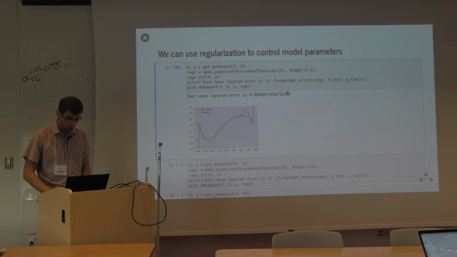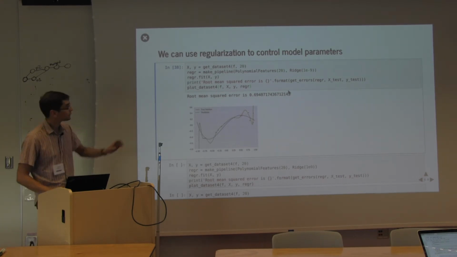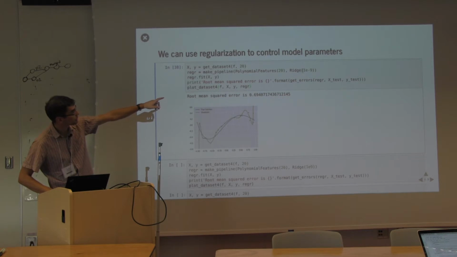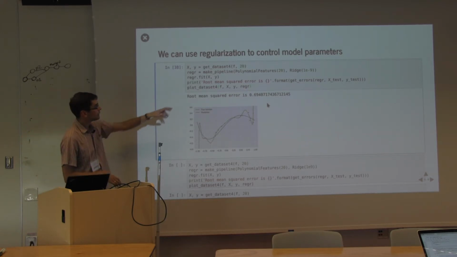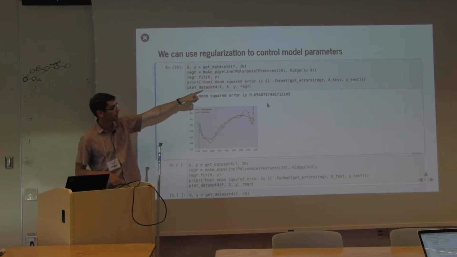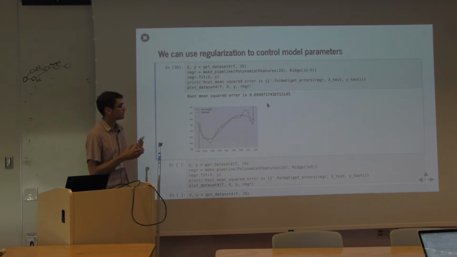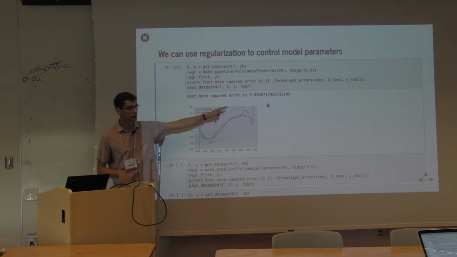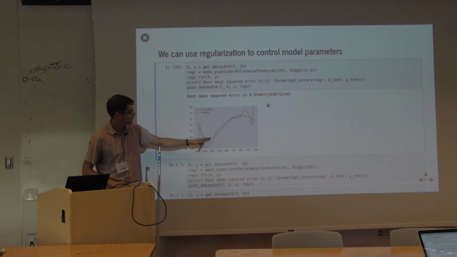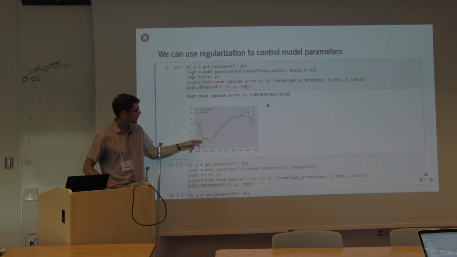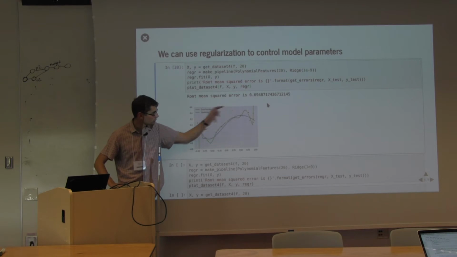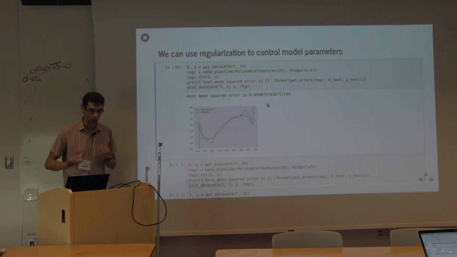and we can use this regularization parameter here to control the complexity of our model. So a very low number here means that we use too complex a model. You see there are a lot of oscillations, and it fits the training set almost perfectly. So our curve goes through almost all points. So it's too complex a model.